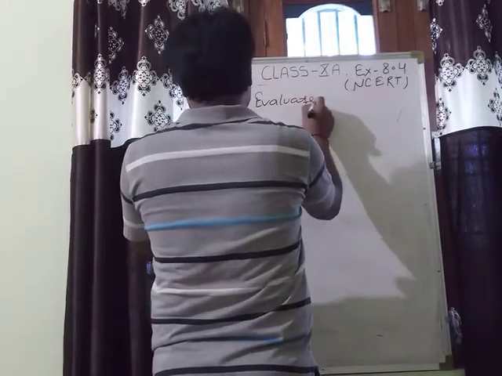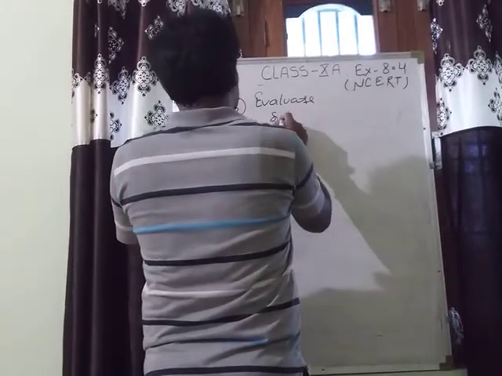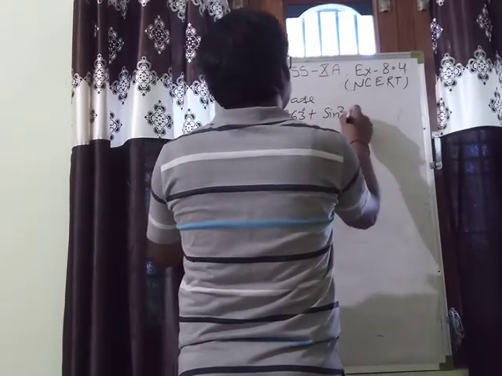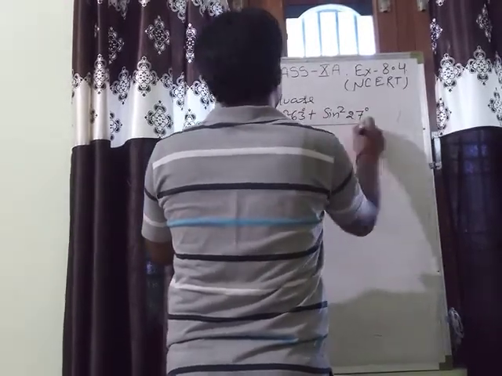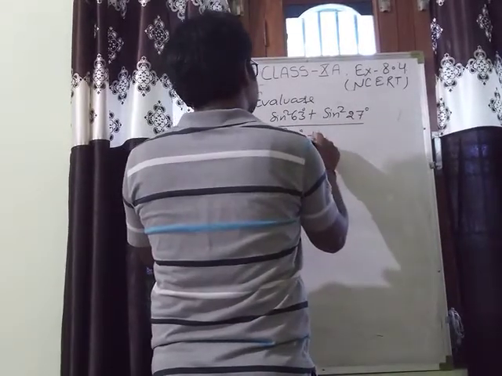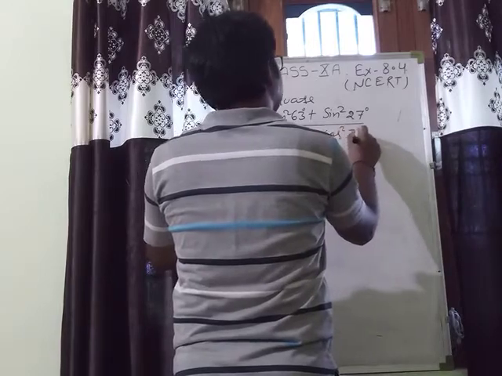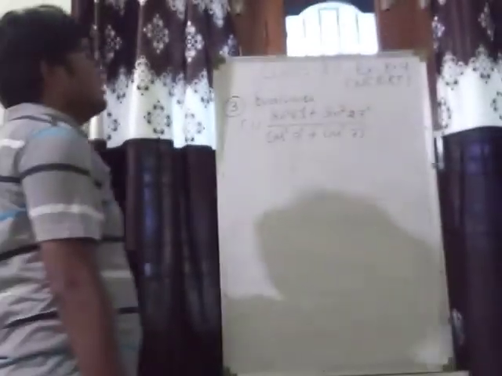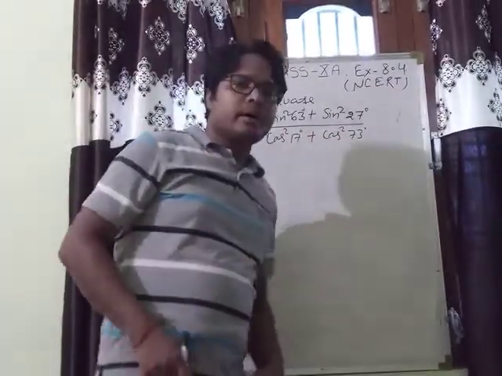Evaluate: sin square 63 degree plus sin square 27 degree upon cos square 17 degree plus cos square 73 degree. Okay, we have to evaluate this.